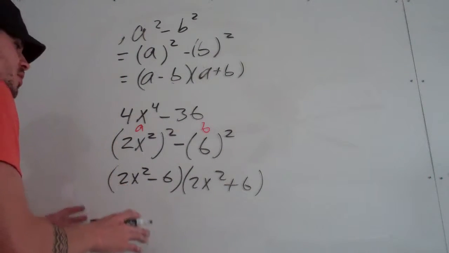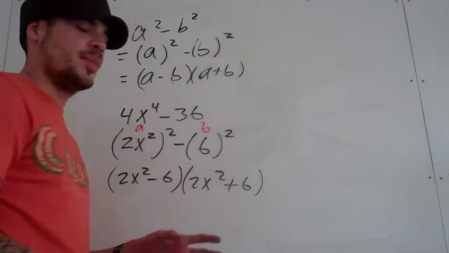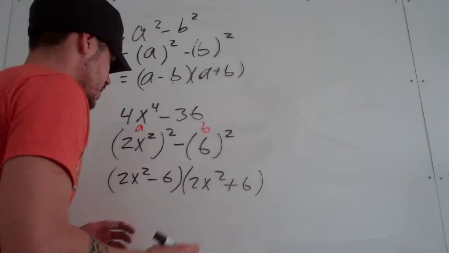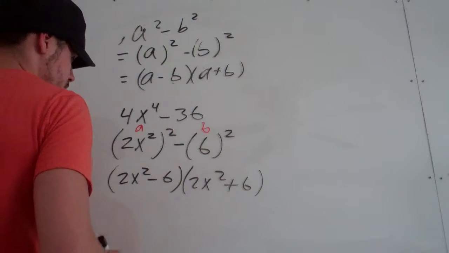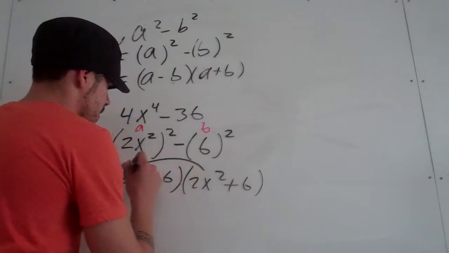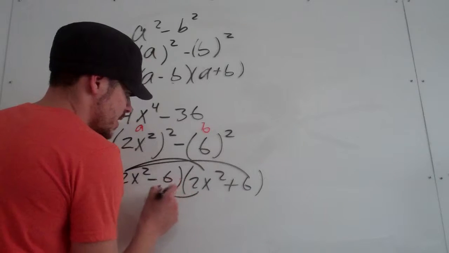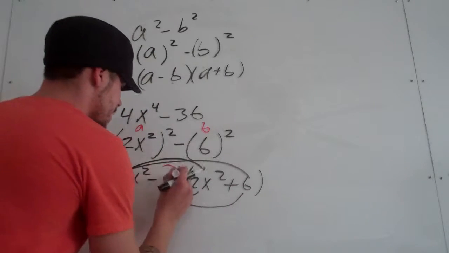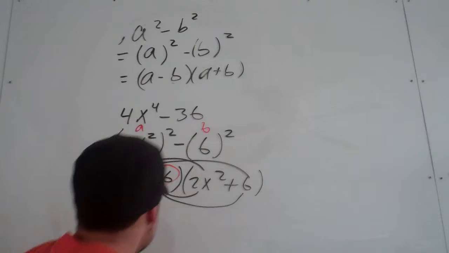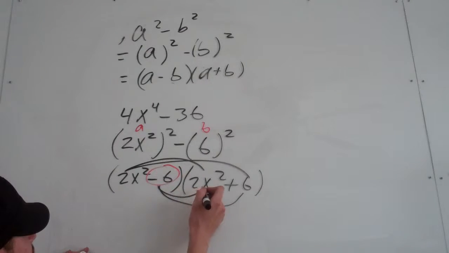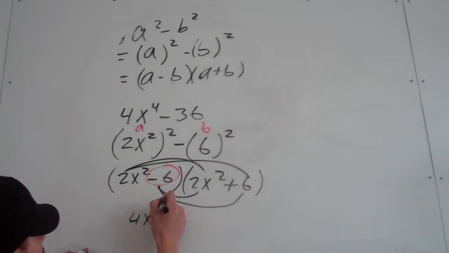But just to persuade you that I'm correct, I'm going to go ahead and FOIL this out, and all should be well. Multiply this times that, and this times this, and that times that, and don't forget your negative sign. Okay. So I've got 2x squared times 2x squared, which is 4x to the 4th power.